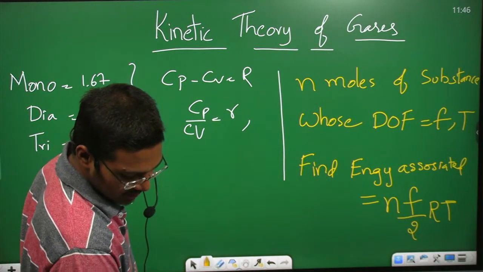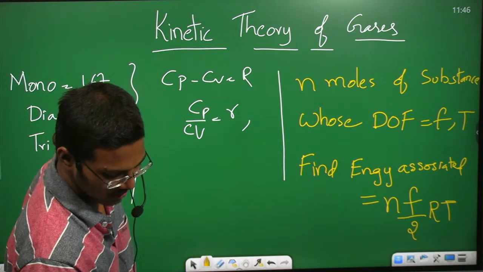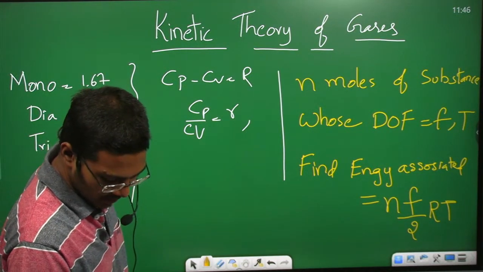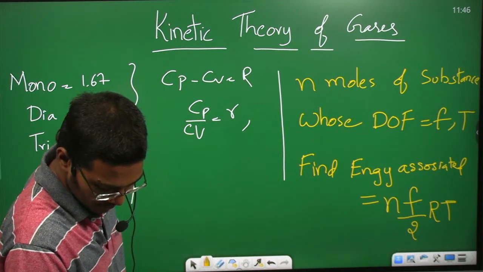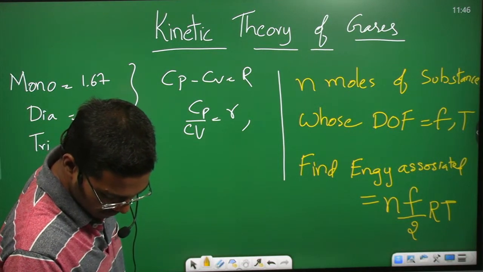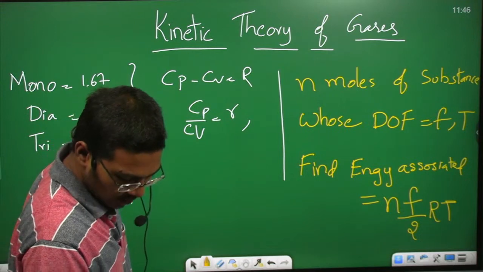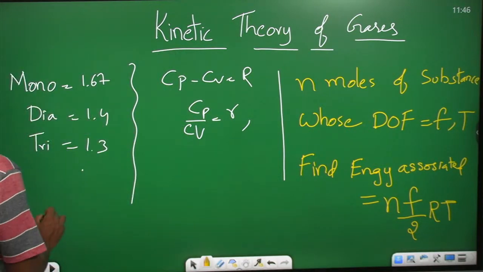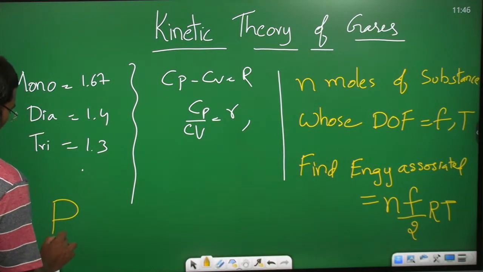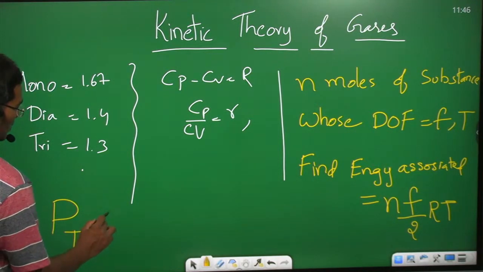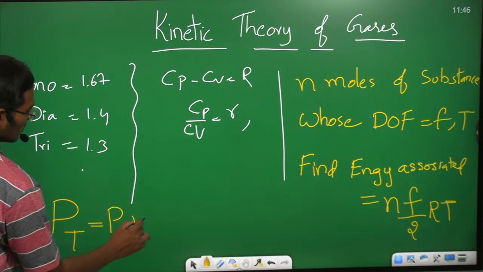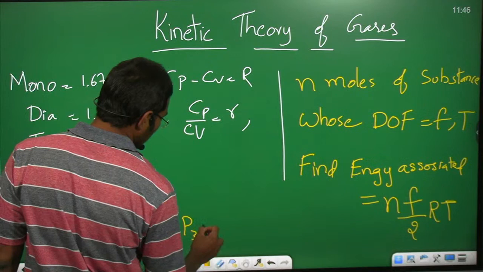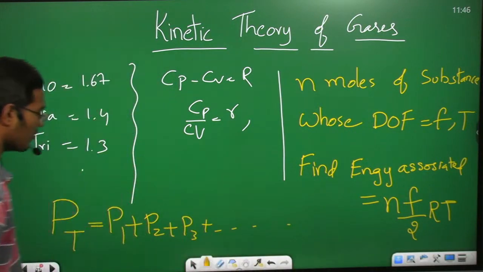See, there are many other formulas which can be derived from these basic fundamentals, okay? So what is Dalton's law of partial pressures? Total pressure is equal to P1 plus P2 plus P3, the sum of individual pressures.